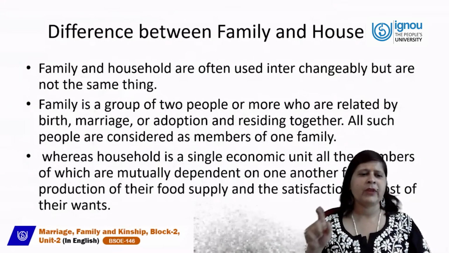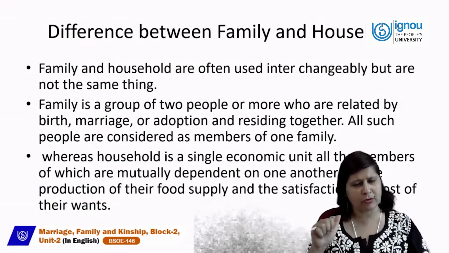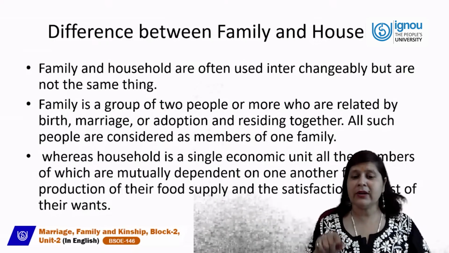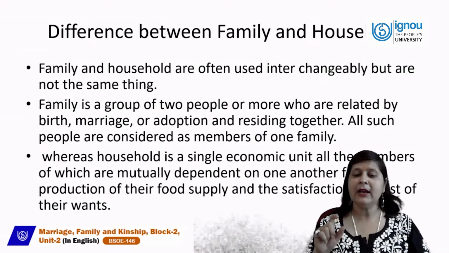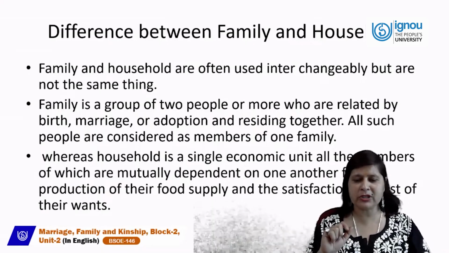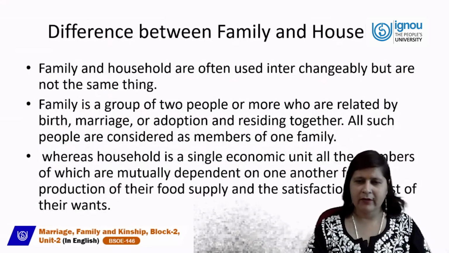That is, they are related either through birth, that is siblings, or through marriage or through adoption, and they reside together. Whereas a household is a single economic unit, where all the members are mutually dependent on one another for production of their food supply and satisfaction of most of their wants, right?